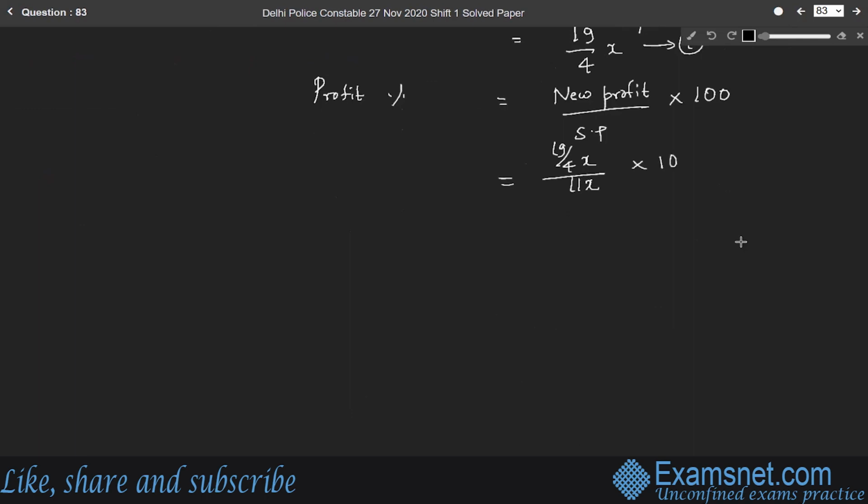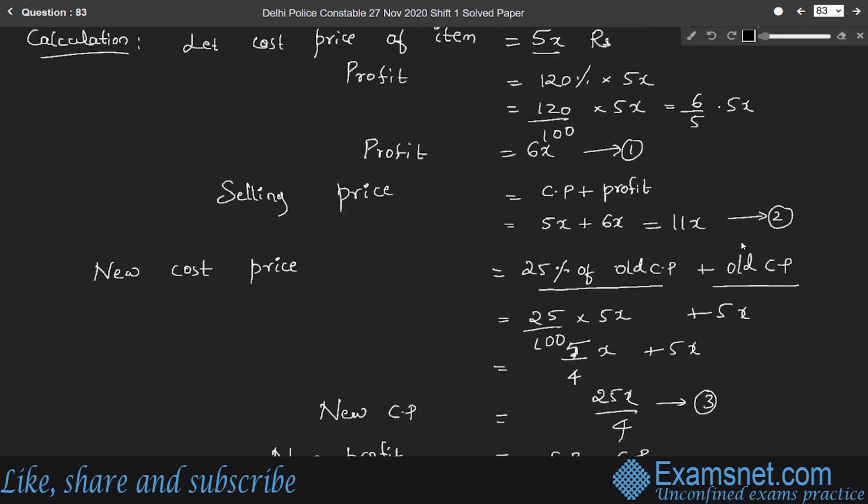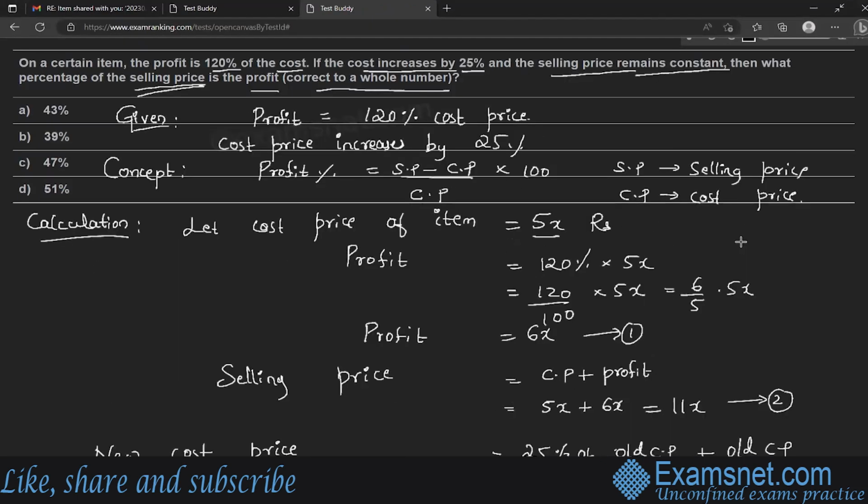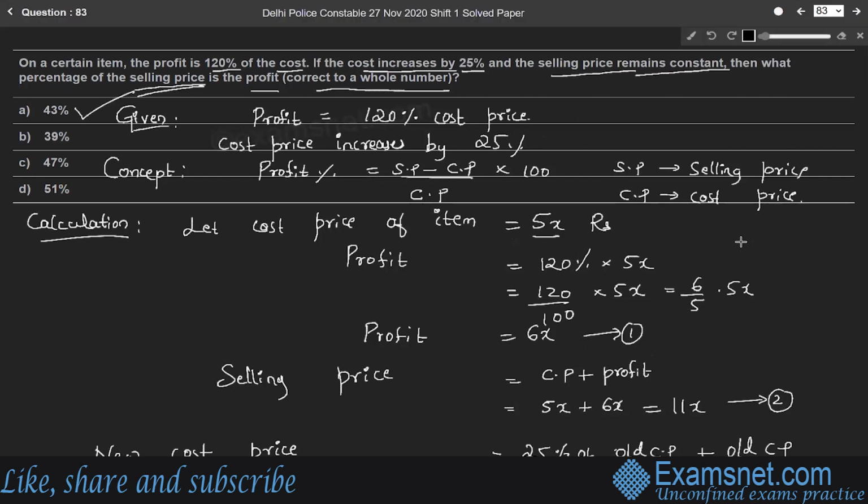Therefore, for 100 selling price, the profit percentage is 19 by 44 into 100, which is equal to 43.18, approximately 43%. Therefore, profit percentage is 43%. We are correct to a whole number, so it is 43%, option A.